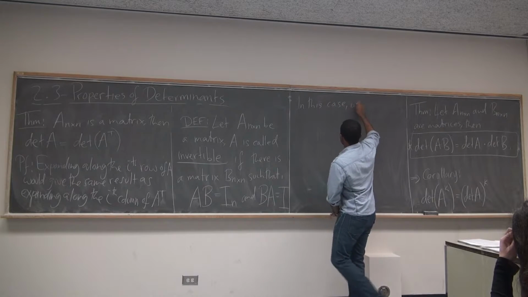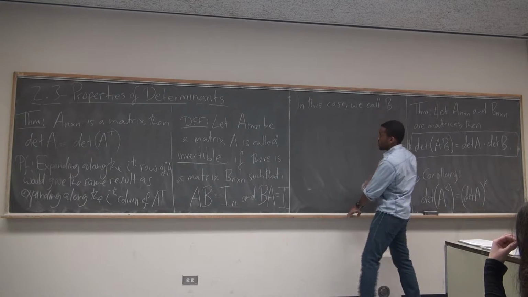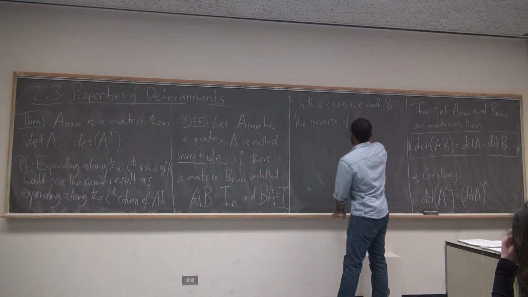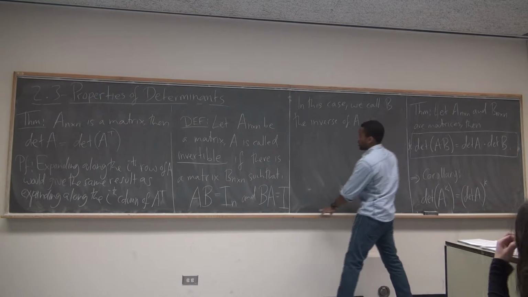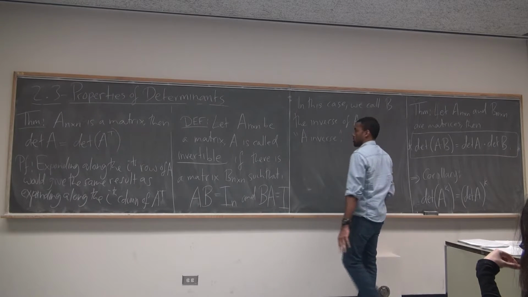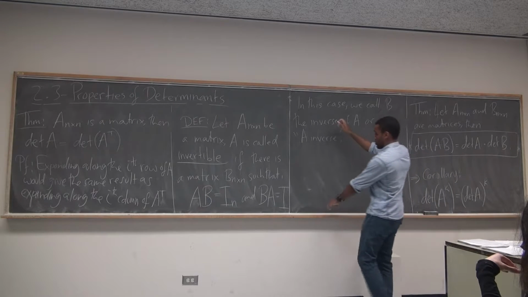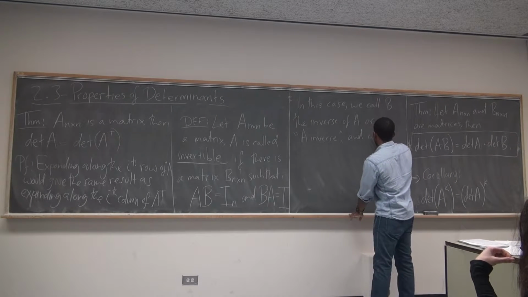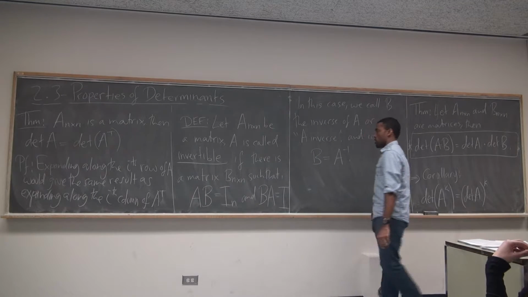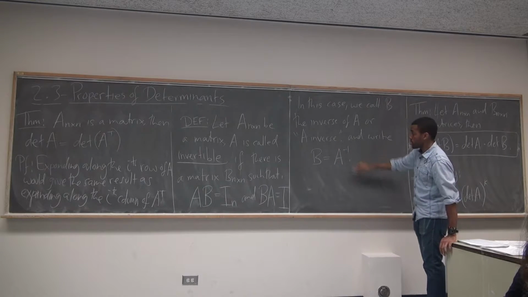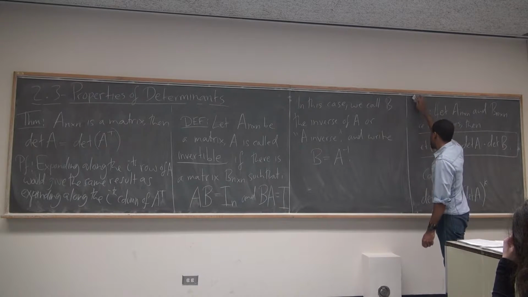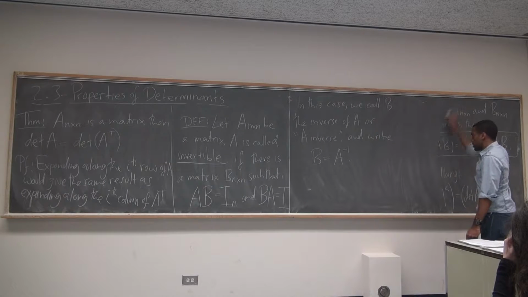In this case, we call B the inverse of A. Or you might see me refer to it as A inverse colloquially. And write A to the minus 1 power, this is the notation for the inverse of a matrix. Which technically you don't think of it as a minus 1 power, which we'll talk about later, but it's just a notation.